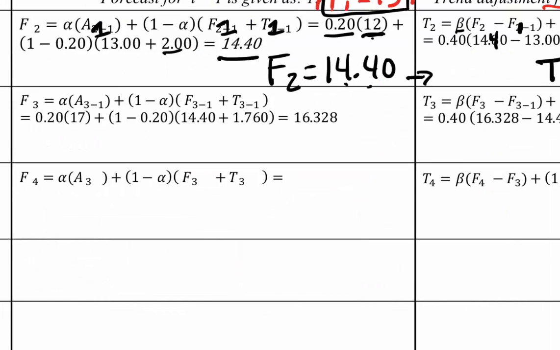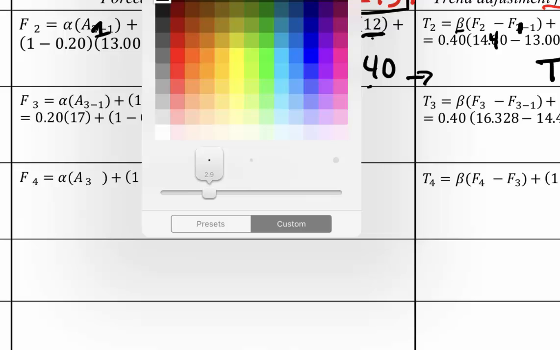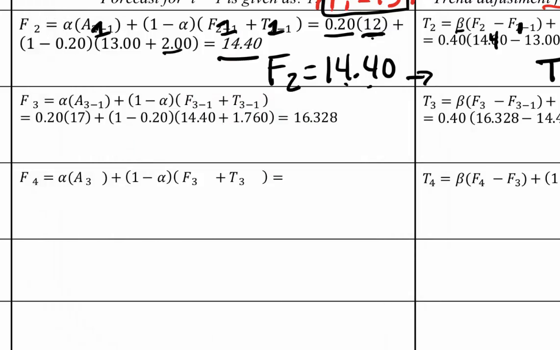And we're going to compute F of 3. So you can see I've got it already written out for you, but I'll write it out again. We go through, we pull out the numbers. We've got A of 2, F of 2, T of 2. So A of 2 is equal to 17, because we just did that from before. We can get that right over here if you can't remember.